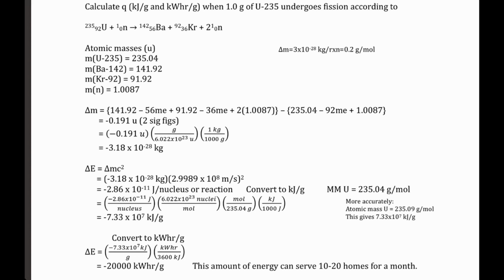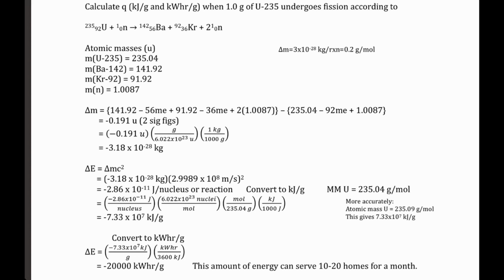So we put all of our numbers in. We had the mass of the electron from the upper example given to us. So what we end up with is that delta M is negative because we have a mass decrease. It is 0.191 U's.